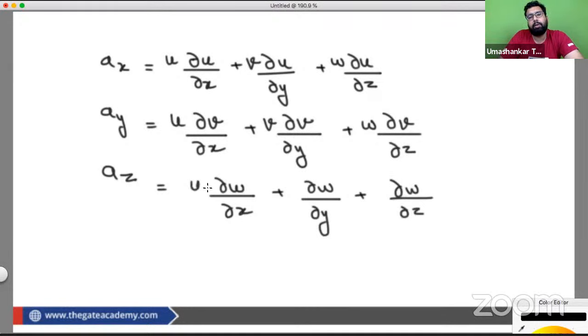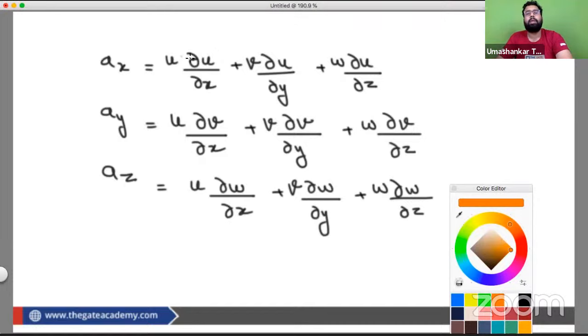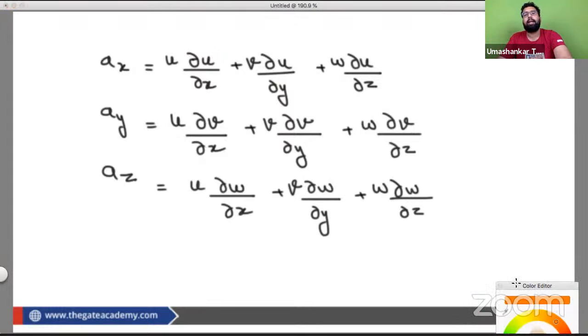In these equations, we can put the values and do the necessary differentiation, and we can find out AX, AY, and AZ.